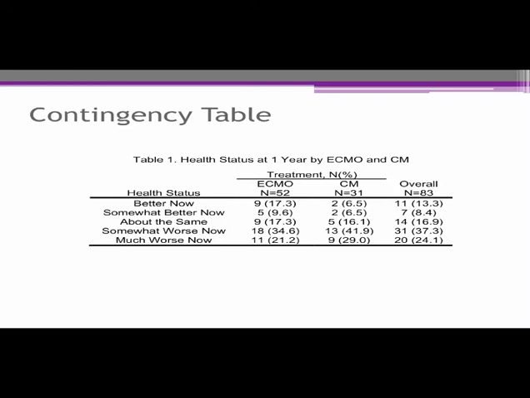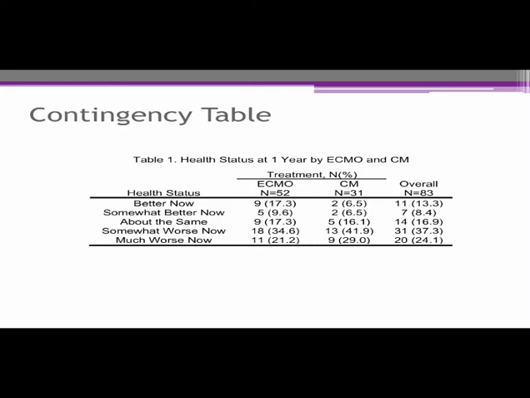Or 8.4% thought they were somewhat better now overall. 16.9% thought they were about the same overall now compared to 1 year ago. 37.3% thought they were somewhat worse now compared to 1 year ago. And 24.1% thought they were much worse now compared to 1 year ago.